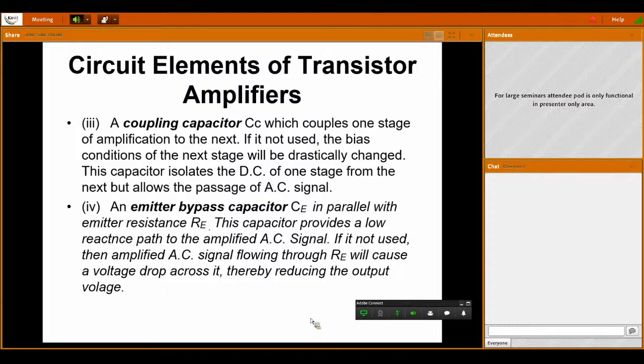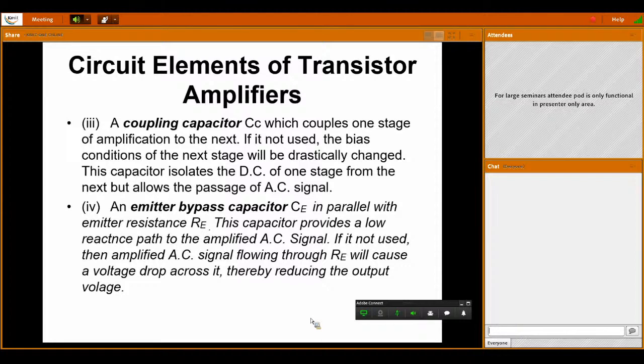So in a multi-stage amplifier, we are going to utilize a coupling capacitor at the collector terminal of the first stage, or the CE amplifier stage. This capacitor isolates the DC of one stage from the next, but allows the passage of the AC signal.